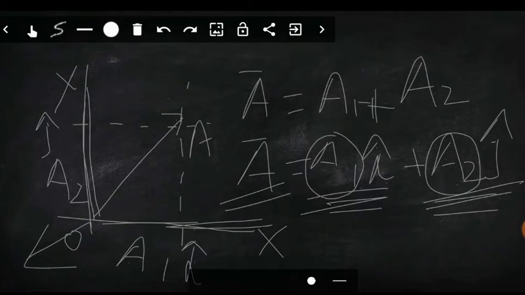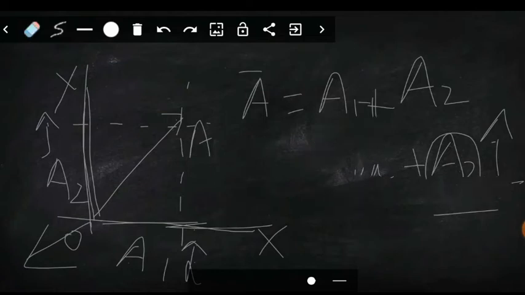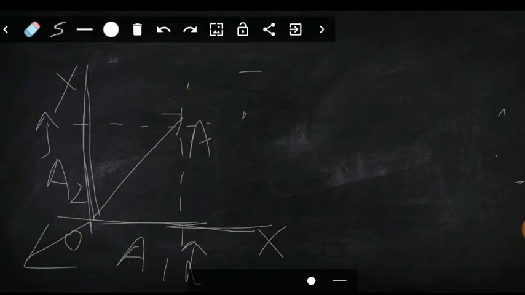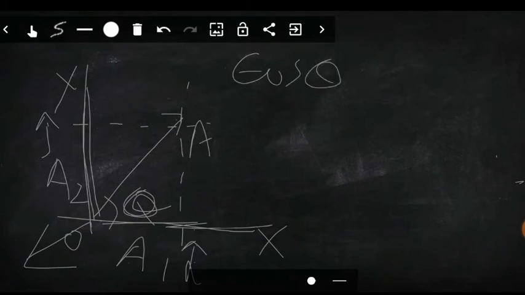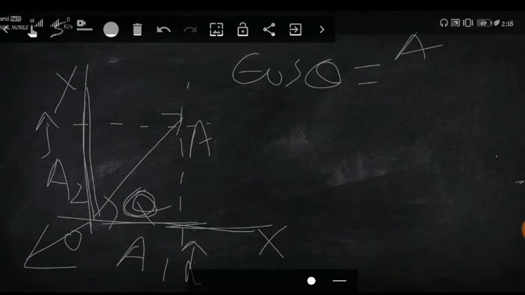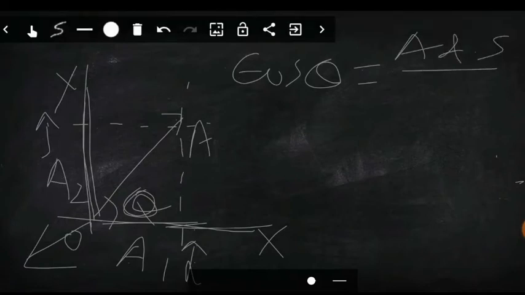Okay, then if we consider the angle between that vector and the x axis, it is easy to resolve the components. Suppose the vector a makes an angle theta with the x axis, then if we use the trigonometric ratio, cos theta means the adjacent side divided by the hypotenuse. And from this triangle, what is the adjacent side?